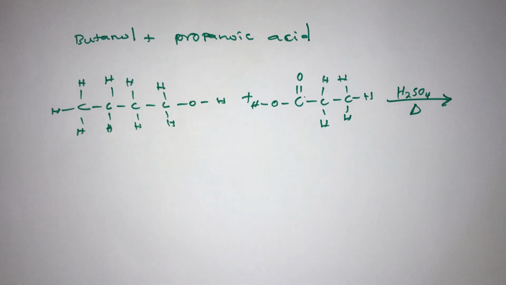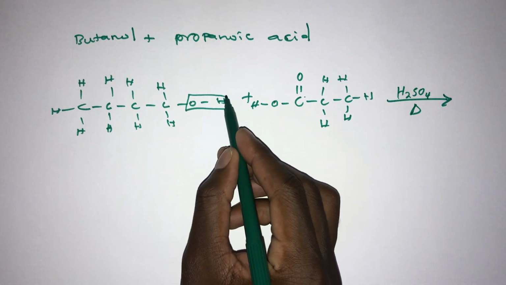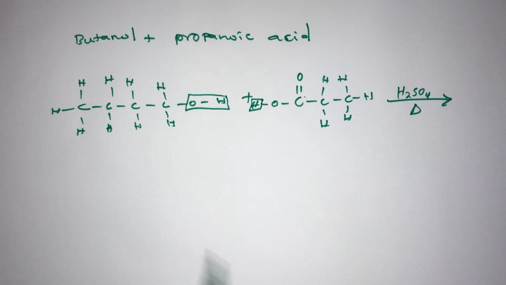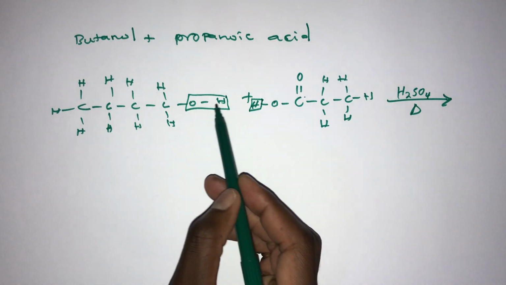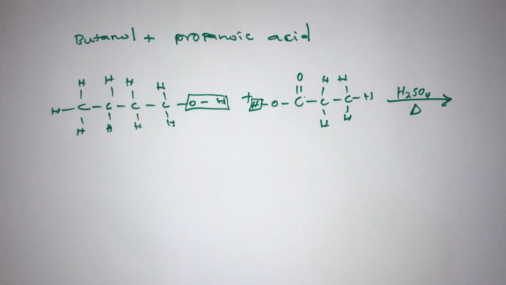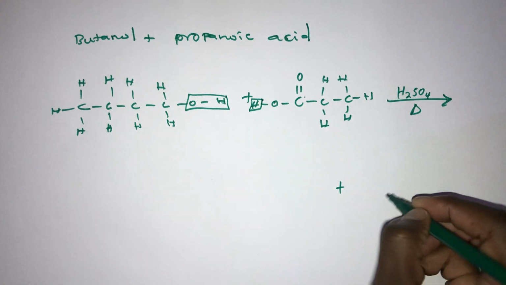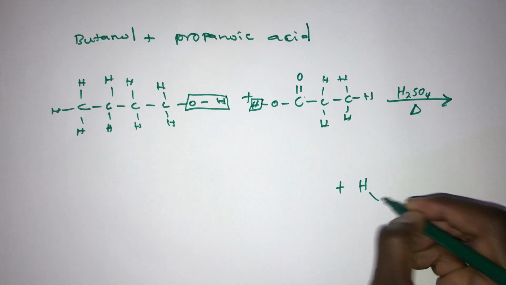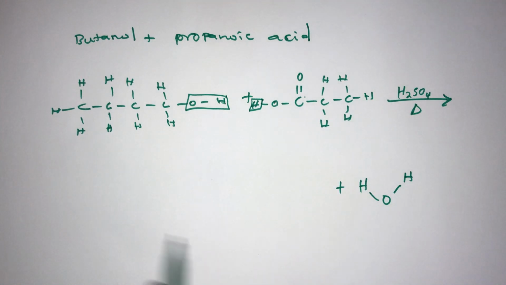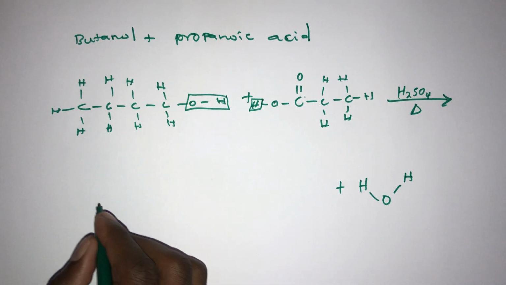Now for the answer, we're going to move this one and this one. Since at the end we must have water, this one is going to give us H2, this H plus this H and the O, so it's going to give us H2O at the end. Now let's check. Since we removed this O and this H, this is the structure now.